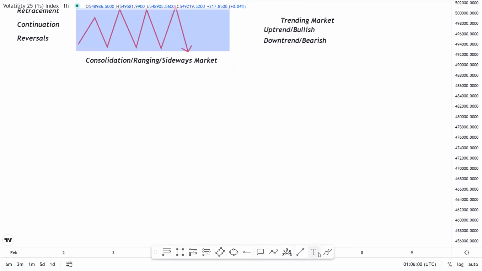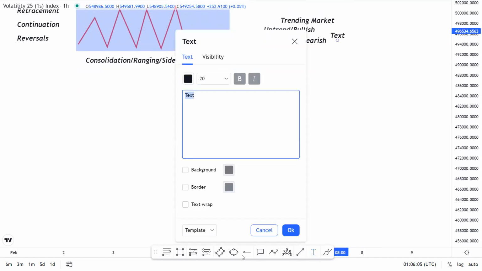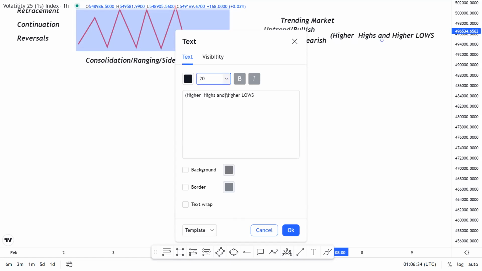Now, typically, the bullish market or the uptrending market is a market situation where we have price giving us a series of higher highs and higher lows.